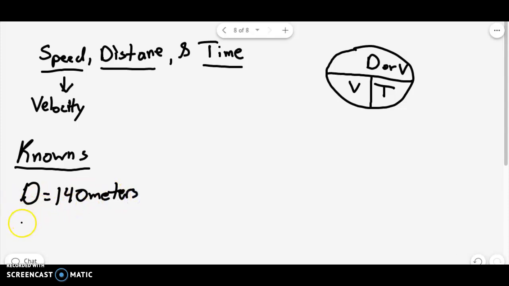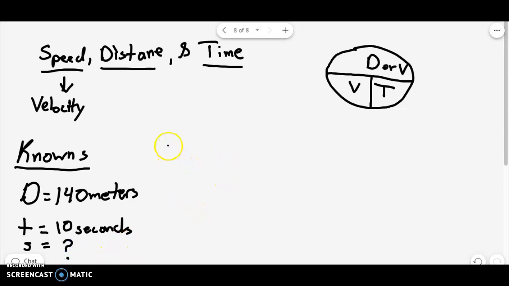And in 10 seconds, that is a time. And they're asking us to find the speed. Do we know the speed? No, so it's going to be a question mark.